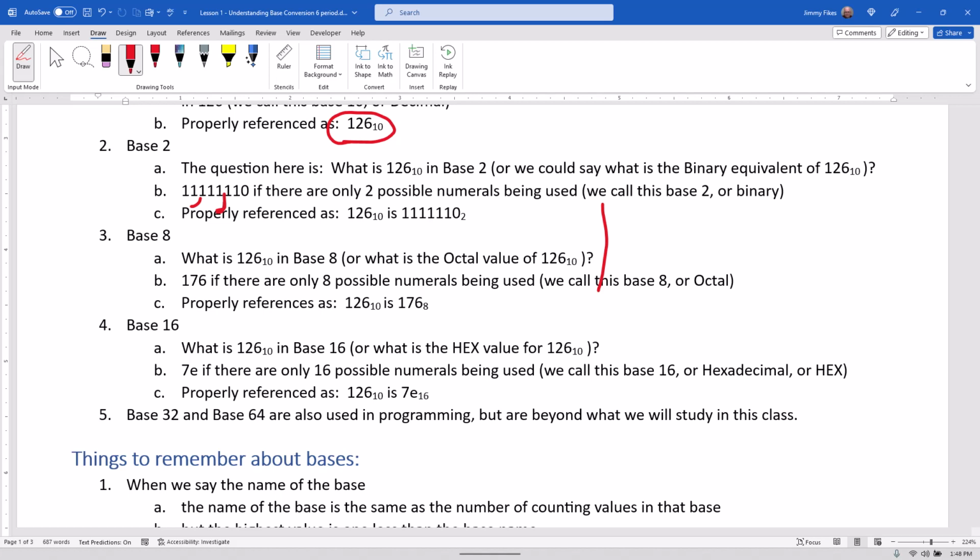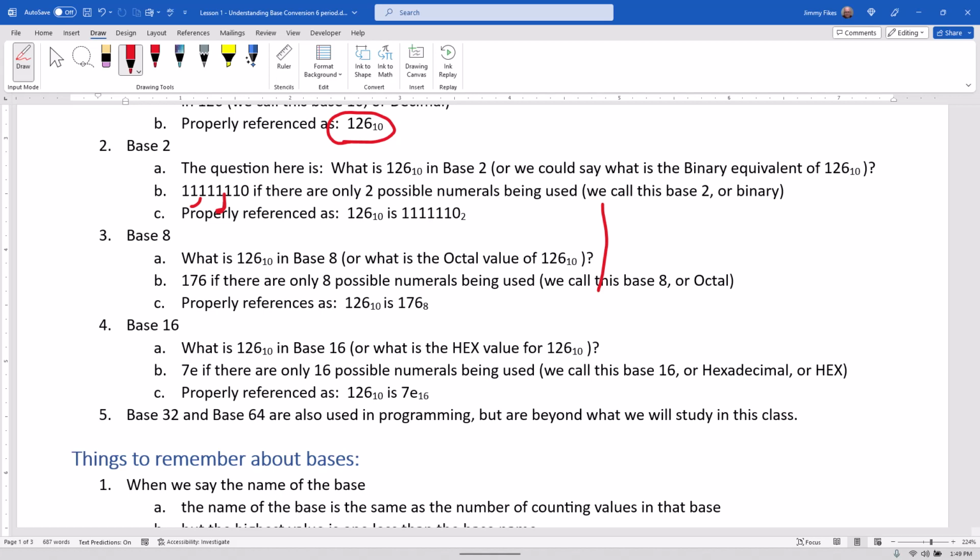Because what is the largest possible number in base 2? 1. That's the largest possible number that you can express. So when you see these stretched together like this, what you have to do is sound them out all the way.